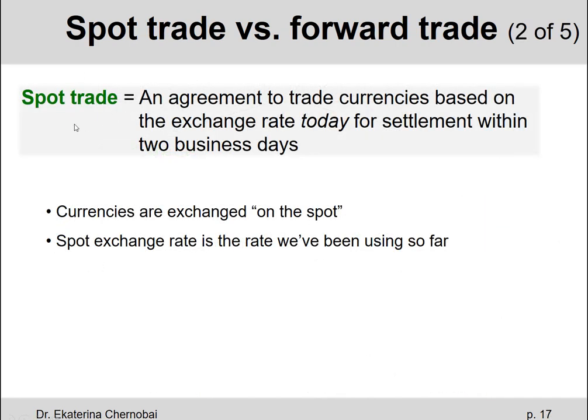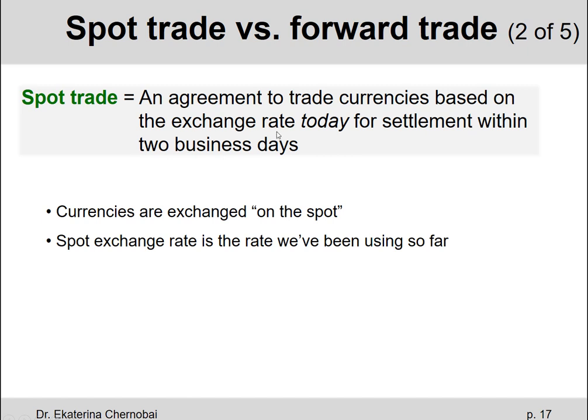A little detail about the spot trade. It's an agreement to trade currencies based on the exchange rate today, actually for settlement within 2 business days. So they kind of allow you to wait a couple of business days before you exchange your currency. So it does not need to happen right away today.